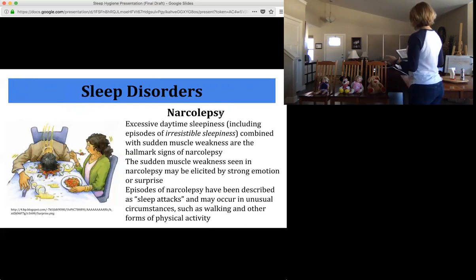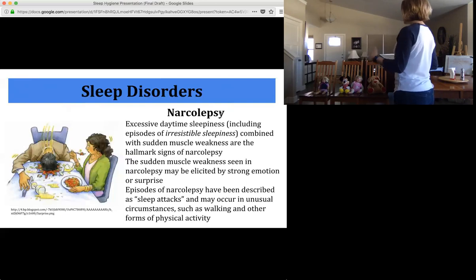That's a hallmark sign of narcolepsy, and it can come on by strong emotion or surprise. And people who have this will say, I've had a sleep attack where I was talking and all of a sudden I just fell asleep. Generally, it doesn't last very long, but it can be embarrassing.